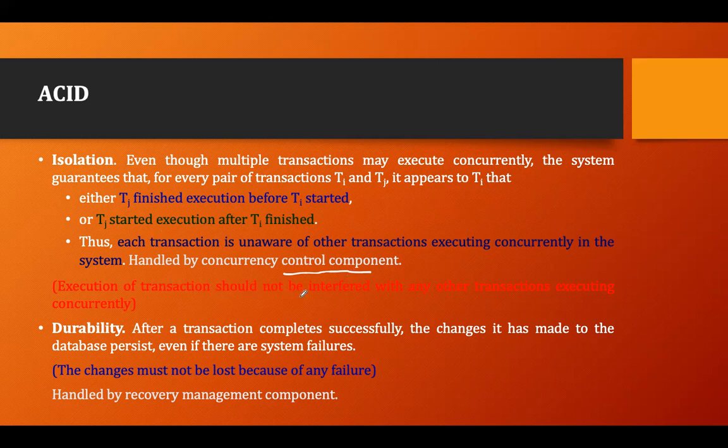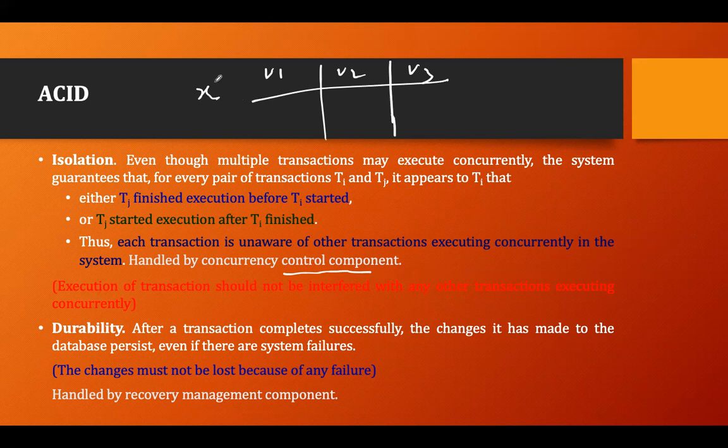Execution of a transaction should not be interfered with by any other transaction executing concurrently. It says that if one transaction is executing, its operation is not going to be affected by other transactions executing concurrently, because we are talking about a multi-user system, right? In a multi-user system, there are user 1, user 2, user 3, and all are working on, let's say, X. Some are reading it, some are writing it, some are again reading it.